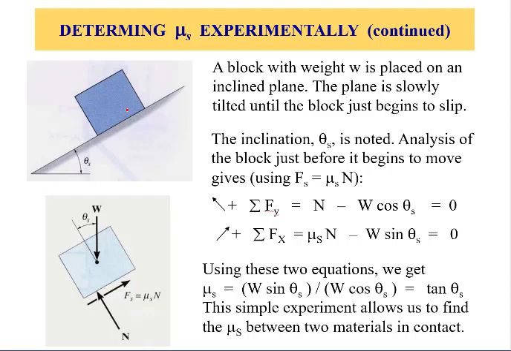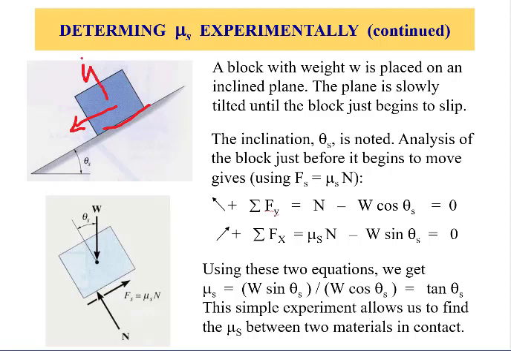Friction force is opposite to the motion, so this tends to slip downward, so the friction force is to the right. The impending friction is when the friction force is maximum, at the maximum static force Fs equal to mu s N, and the normal force is always perpendicular to the surface.